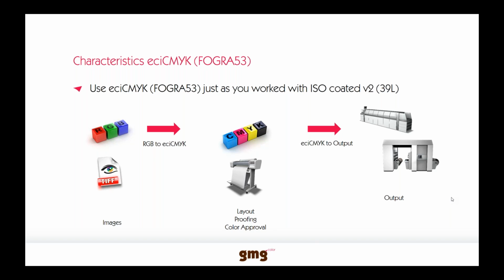They use the GMG Color Master as their exchange color space. And you could do exactly the same thing with FOGRA53. So in front of a lot of different output conditions, you will use an exchange color space.